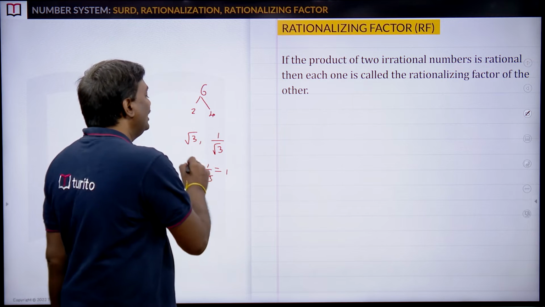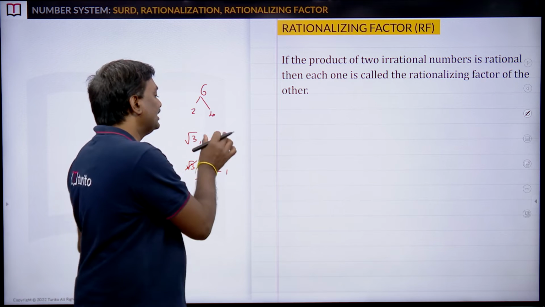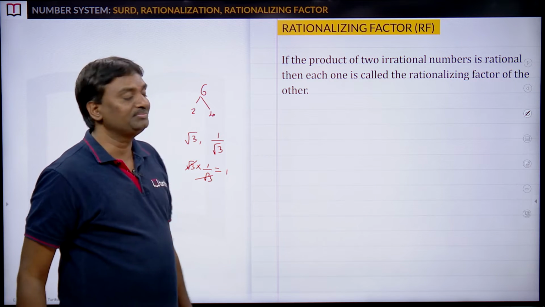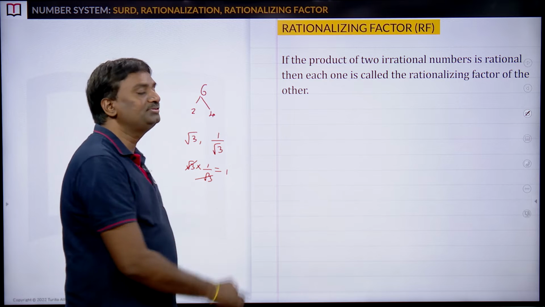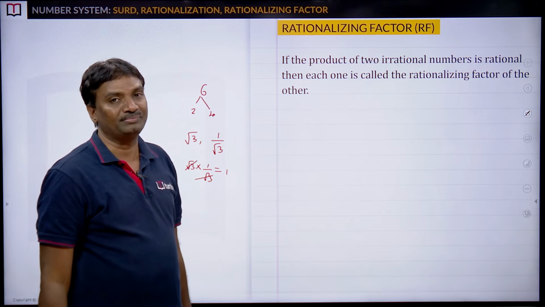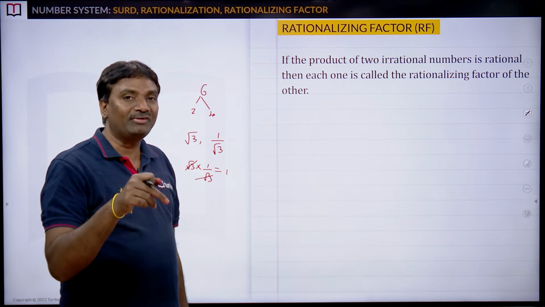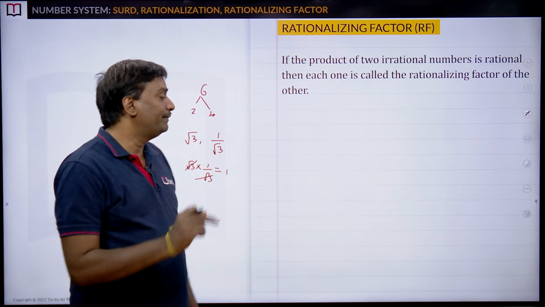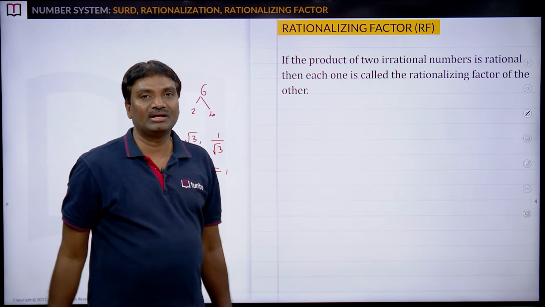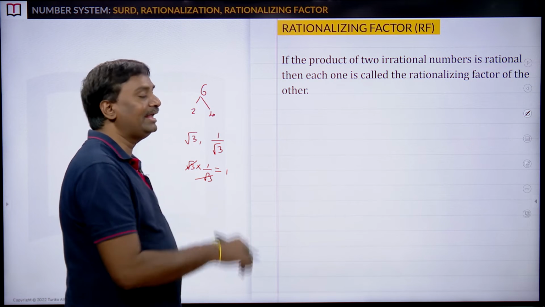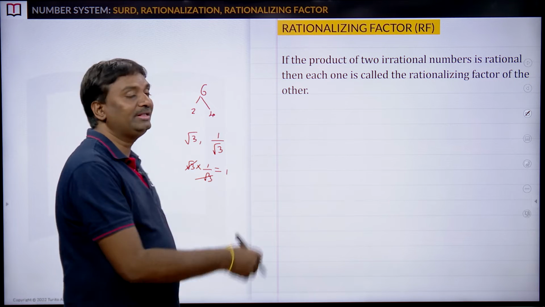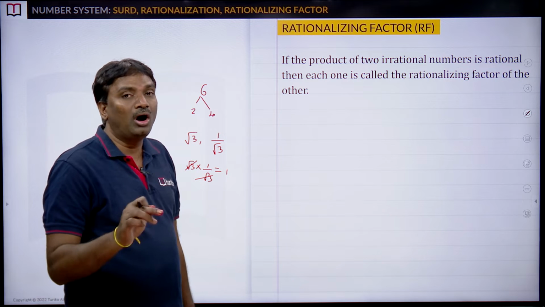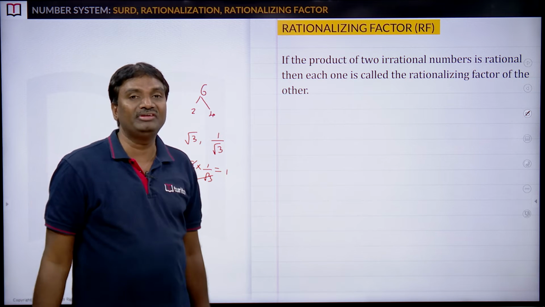So, that is why root 3 is the rationalizing factor of 1 by root 3 and 1 by root 3 is the rationalizing factor of root 3. So, if we have two different irrational numbers, by multiplying them, if we get a rational number, then we can say those two are rationalizing factors of each other.